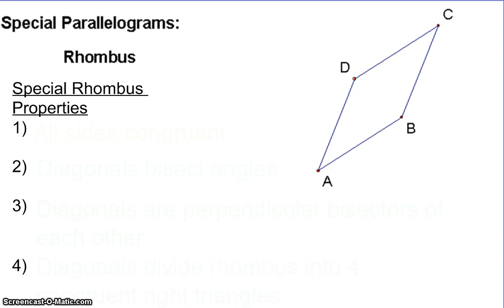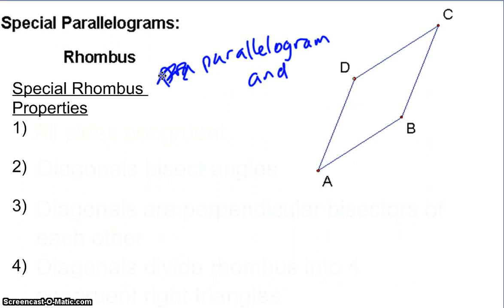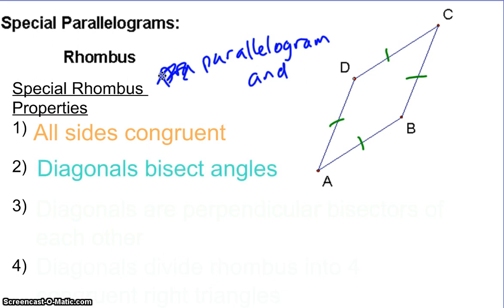Another special parallelogram is the rhombus, and again, this one is all the parallelogram properties and some special ones. Some of the special ones include the fact that all of these sides are congruent. Also includes that the diagonals bisect the angles.